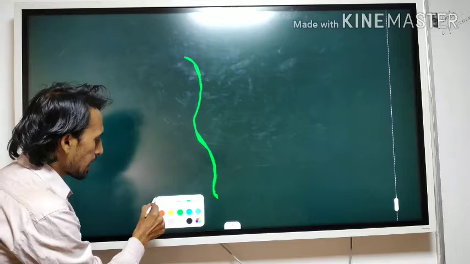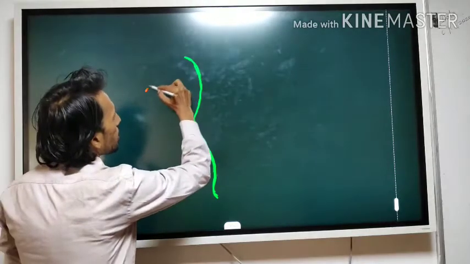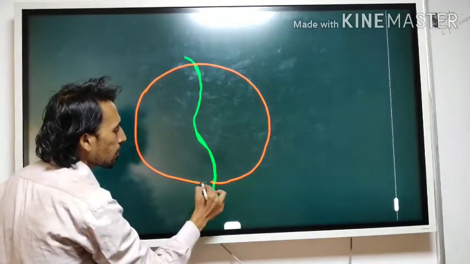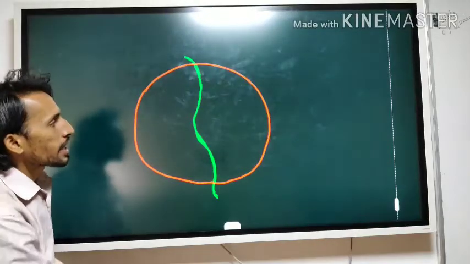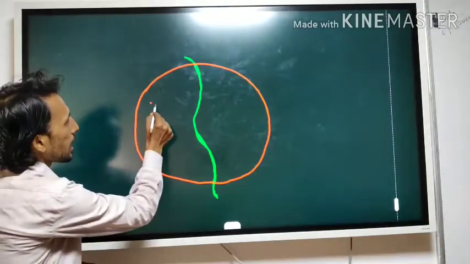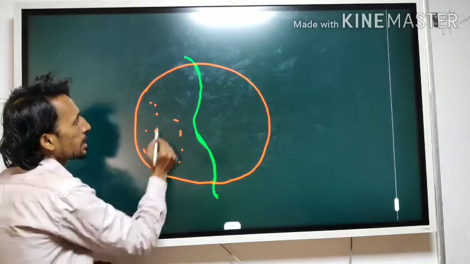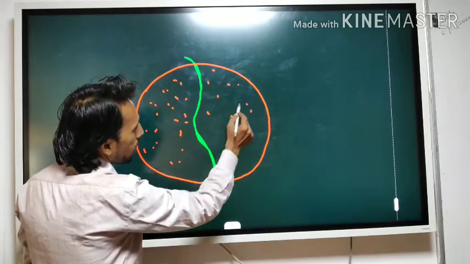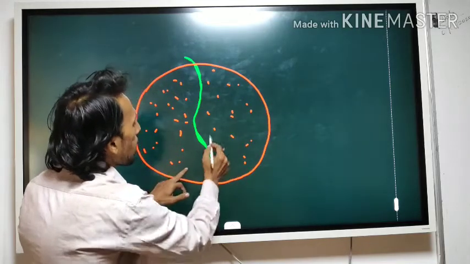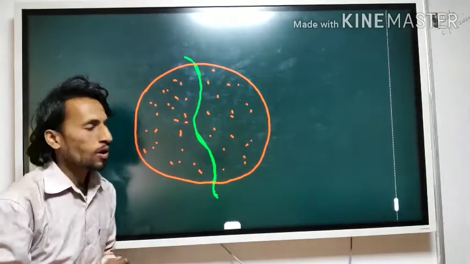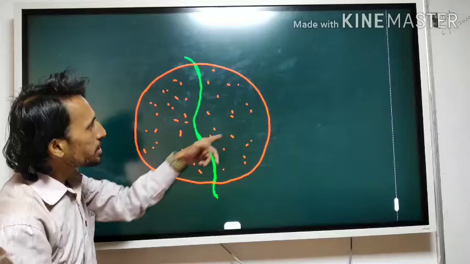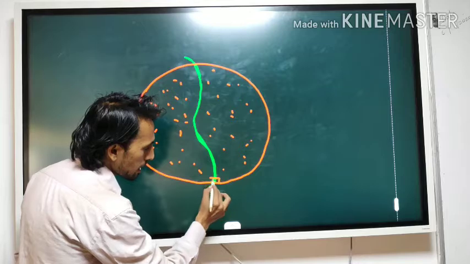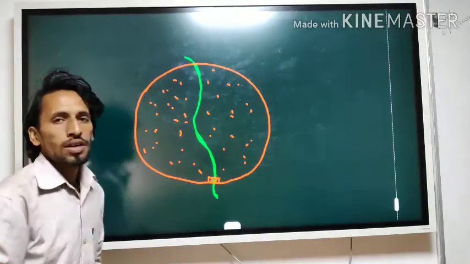Let us say this red color is some area, and when rainfall occurs in this area, this area contributes water to this river or this stream, and all this water can be recorded at some cross section.